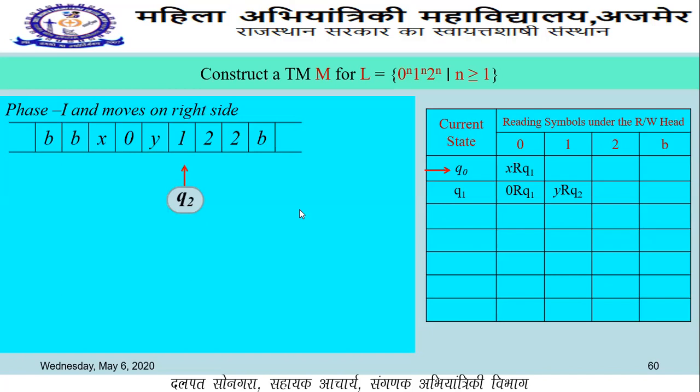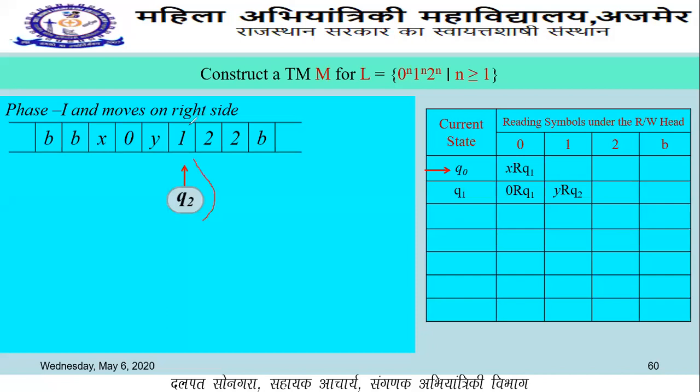This is again a new situation, and we know, according to the logic, that when we overwrite the first 1 by y, we just pass all further ones, because we are interested in finding the first 2. So we just pass this one, and this is indicated by this situation.